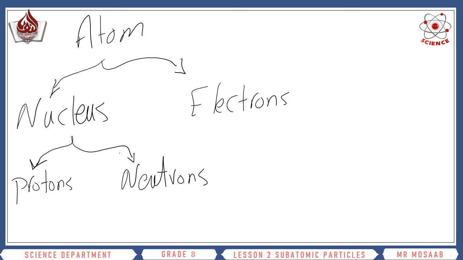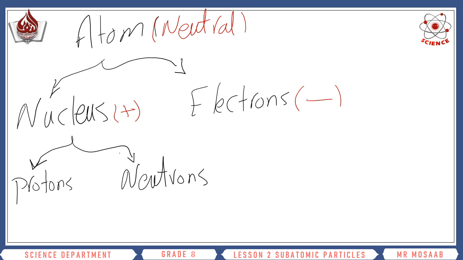Now, for the charge of the atom: the atom is neutral. Why is any atom neutral? Because the nucleus has a positive charge and the electrons have a negative charge.